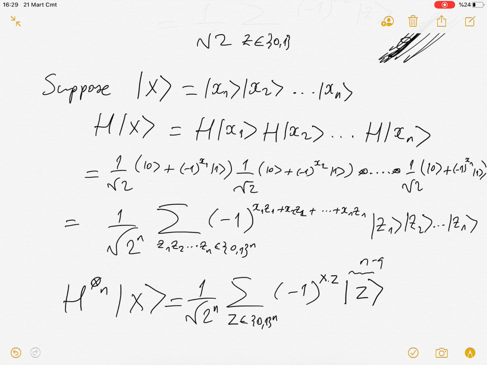So this is an n-qubit state. And basically x times z is the bitwise inner product of x and z modulo 2. Okay?